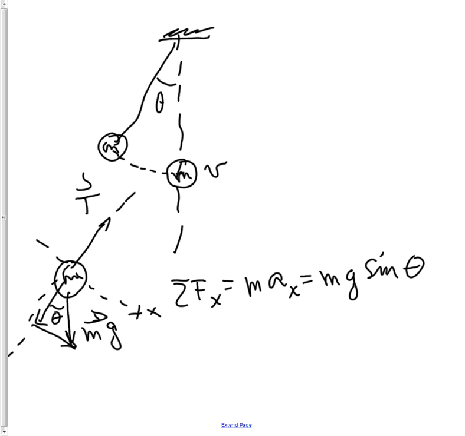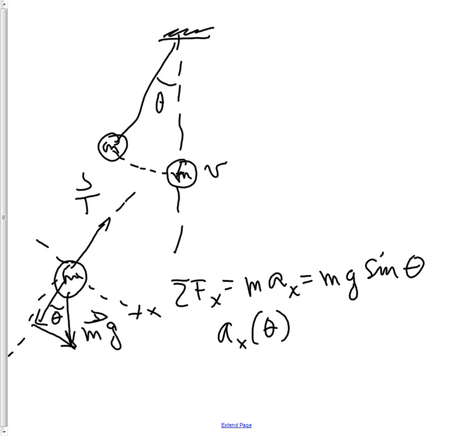Well, here's the problem. The acceleration is always changing, because theta is always changing. And so it's not a simple case where we can say the acceleration a sub x is a function of theta. In fact, this problem can't actually be solved in closed form on a piece of paper.